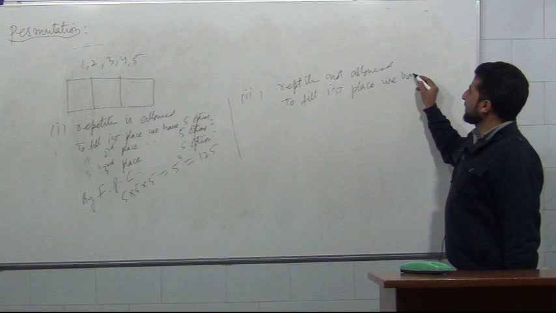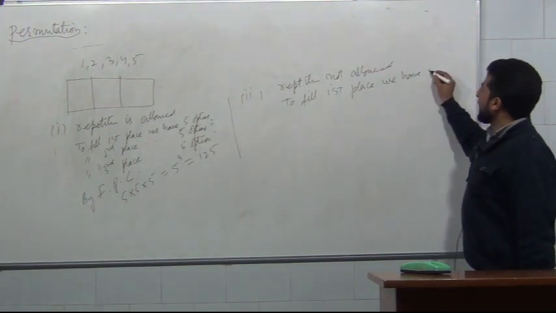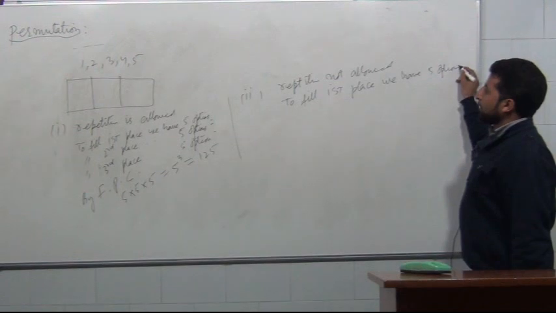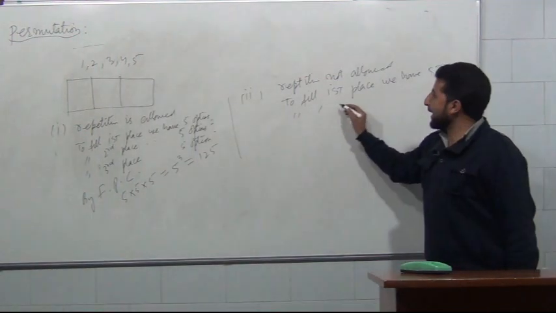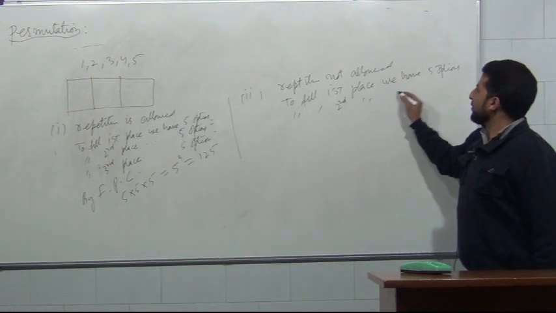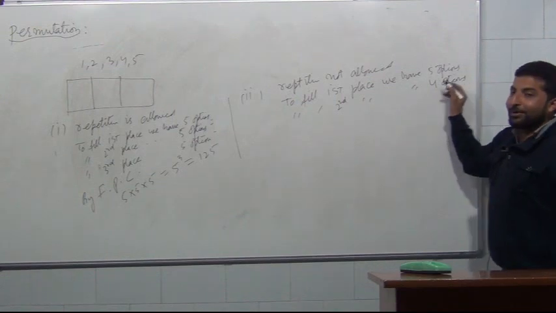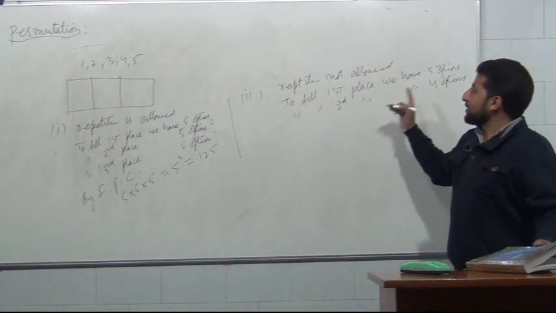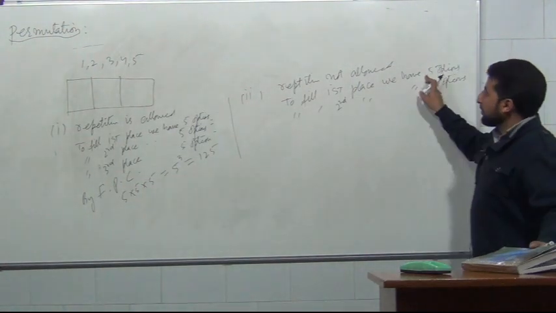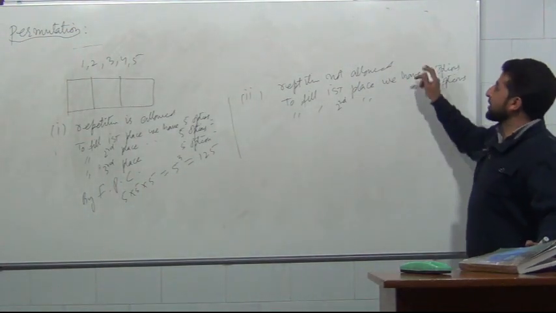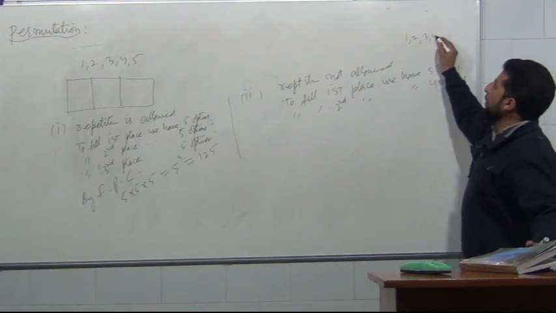We have 5 options. Next, to fill the second place, how many options do we have? 4 only. Why? Because we have already filled the first place with some of the digits 1, 2, 3, 4 and 5.